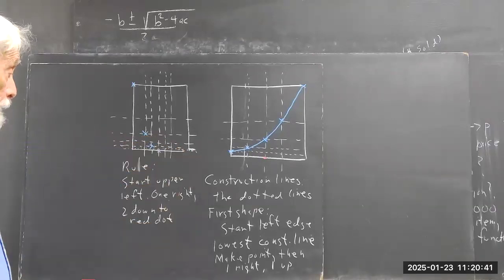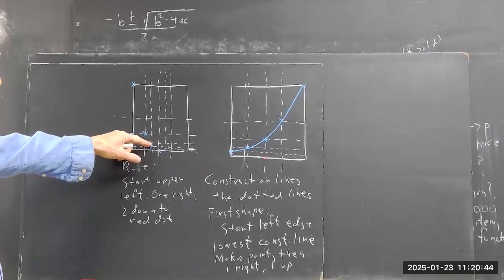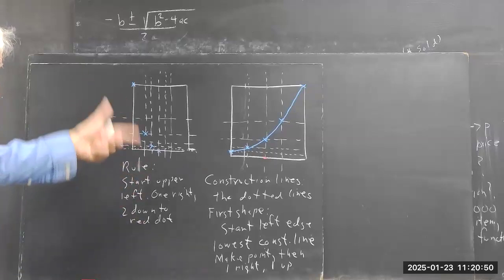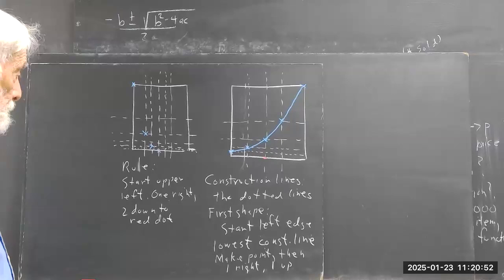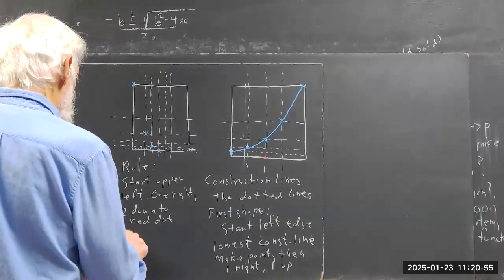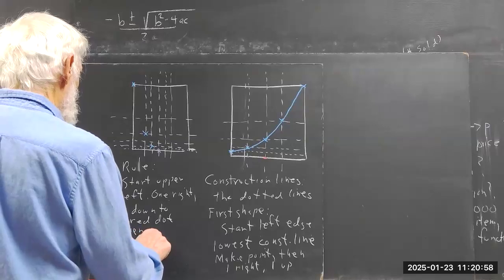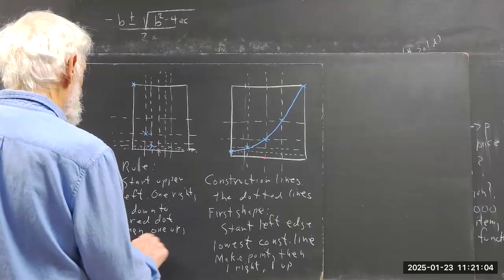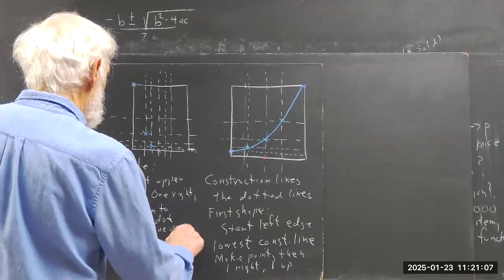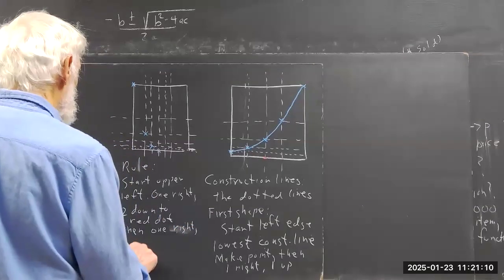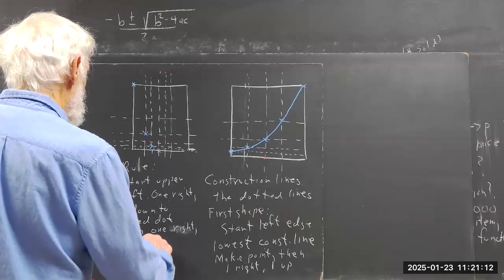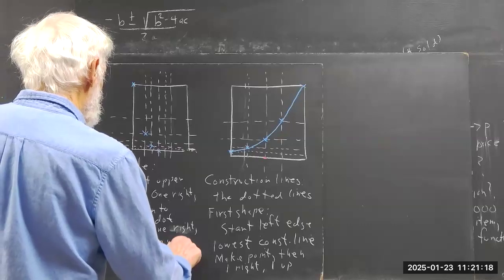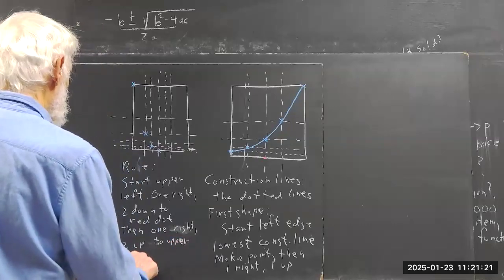If I didn't have that fifth line in there, after this one, I couldn't go two lines down, because there'd only be one line below me. We want to keep the rule as simple as possible. Then one right, two up, to the upper right-hand corner.